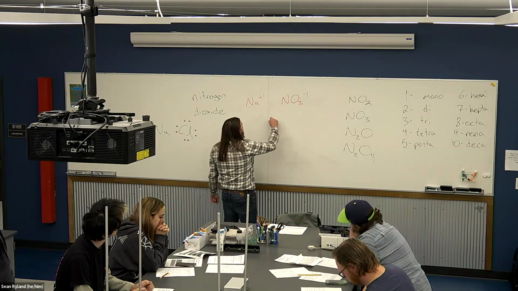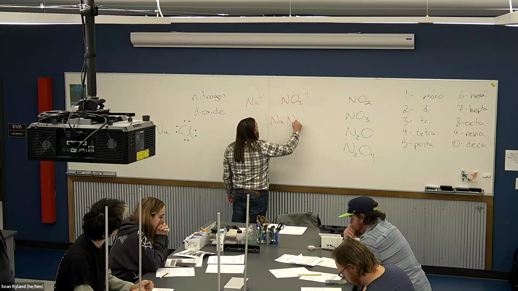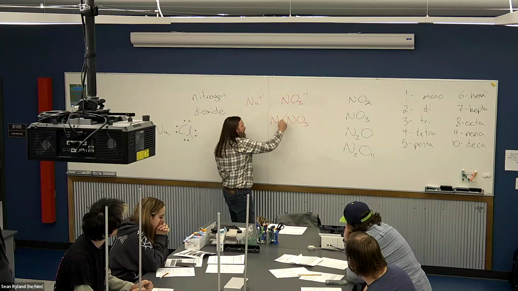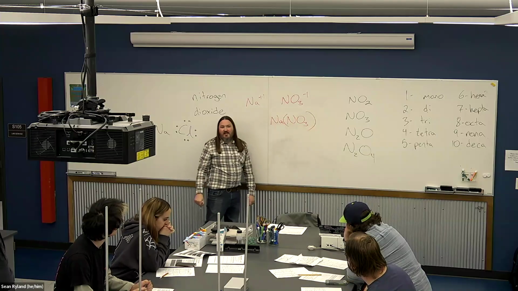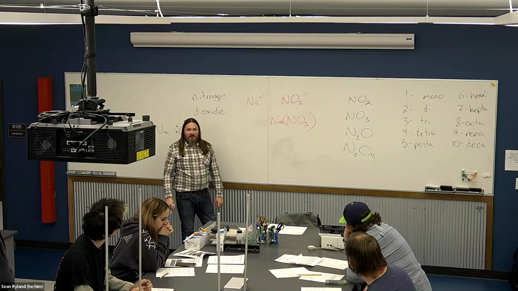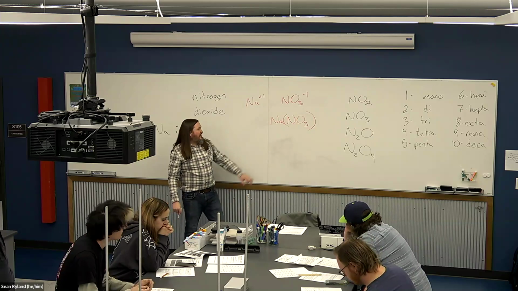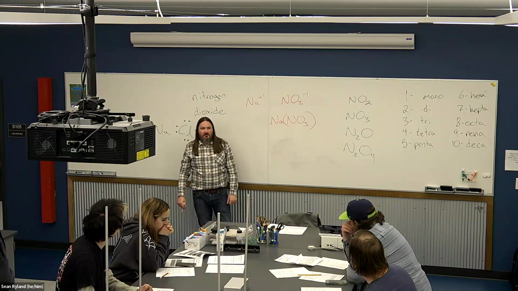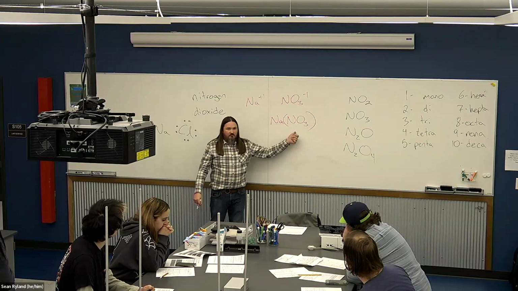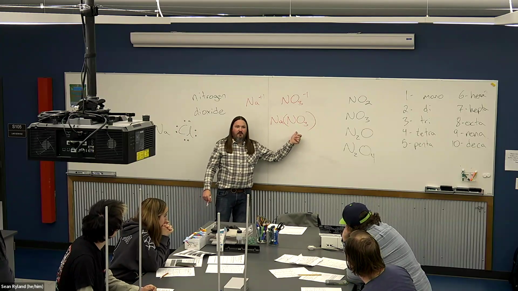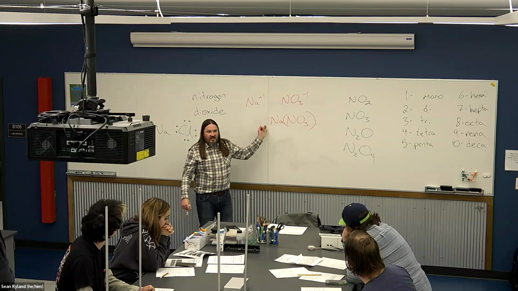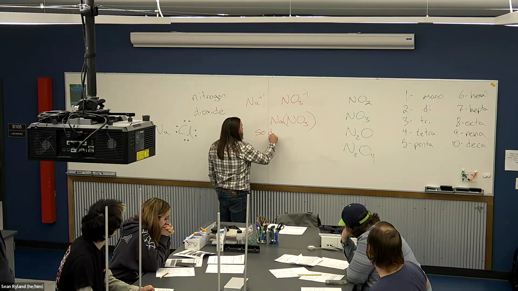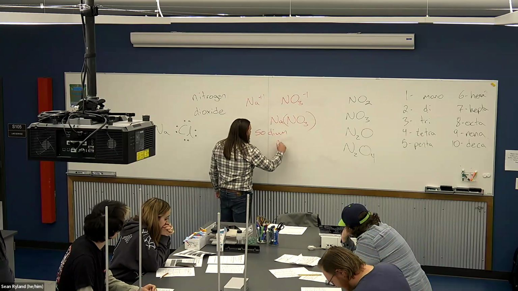So this formula would then be NaNO3. This whole thing has a -1 charge collectively. So it takes one nitrate and one sodium ion to make our formula here. And when we name this, we just say the name of each ion. Sodium nitrate.